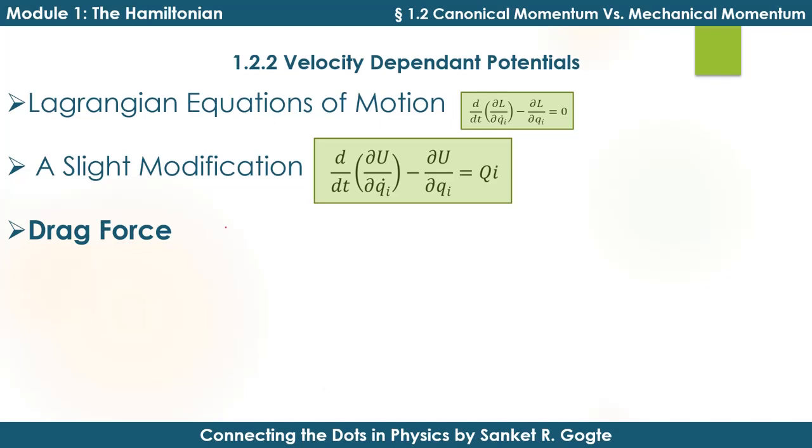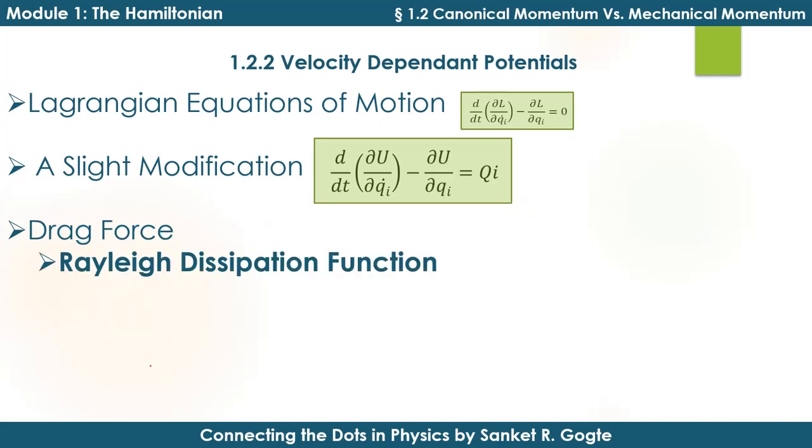When you have a force which depends on the velocity, something like this, now we can have a slight modification for this Lagrangian equation of motion. The difficulty here is when I consider this force, which is minus kx, its dimensions are that of force, whereas when we use U, it should have dimensions of energy.